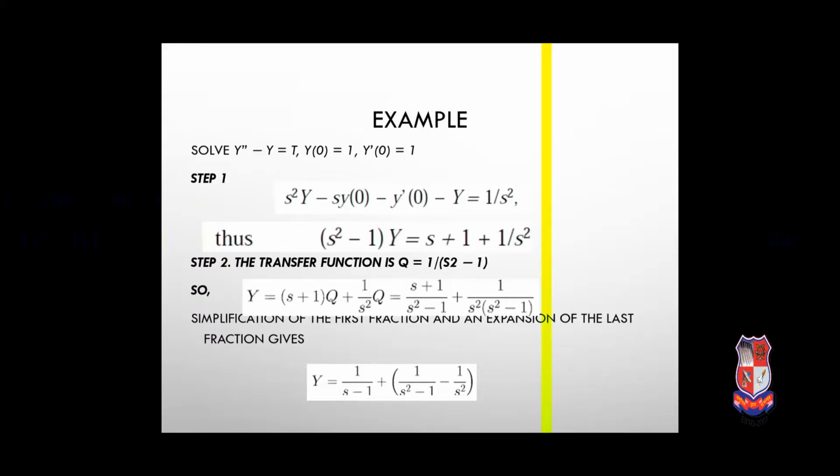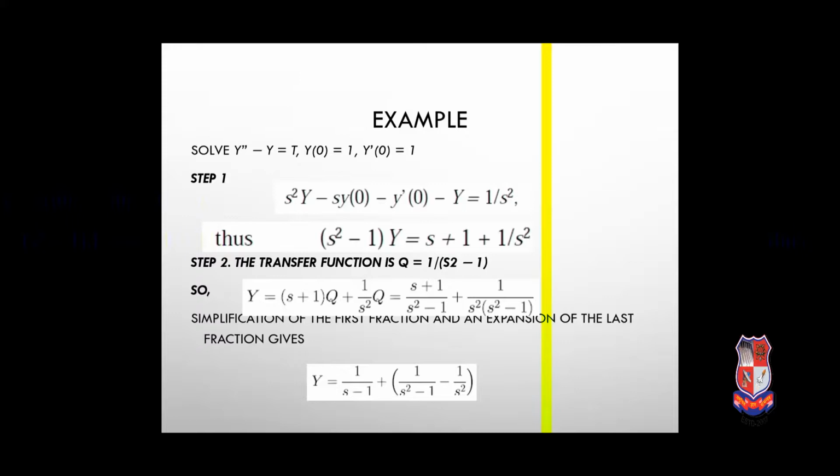Here y of 0 is equal to 1. Next step, step 2, the transfer function is Q is equal to 1 upon s square minus 1. So Y is equal to (s plus 1) Q plus 1 upon s square into Q, which is equal to (s plus 1) upon (s square minus 1) plus 1 upon s square into (s square minus 1).